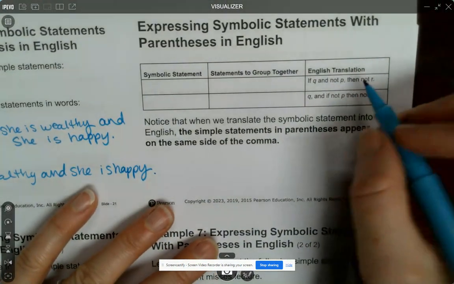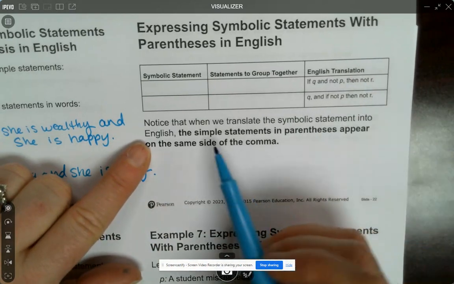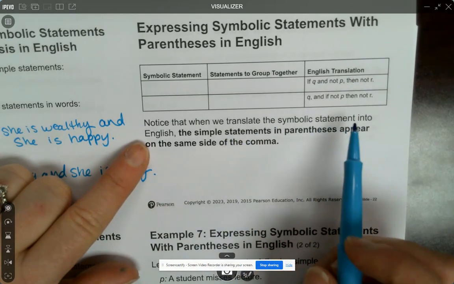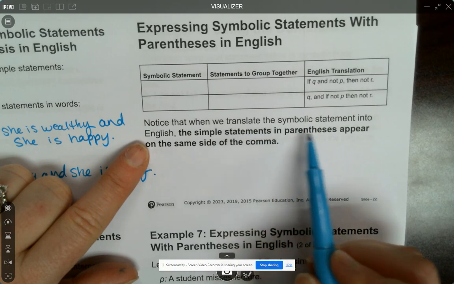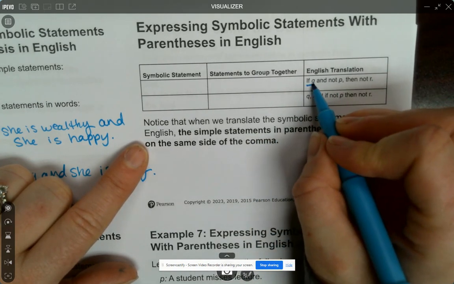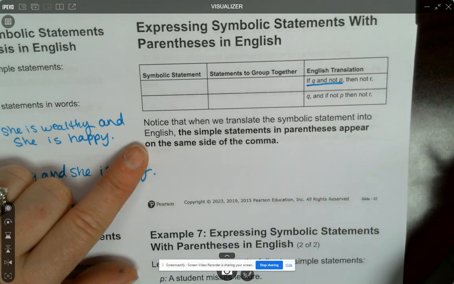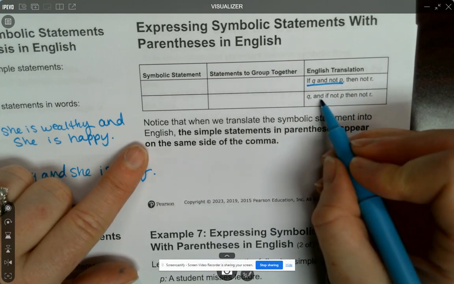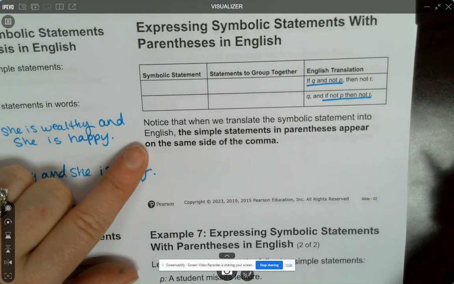Expressing in symbolic form. So what we're going to have to do is we're going to have to look at where the comma occurs. The simple statements in parentheses appear on the same side of the comma. So we're going to put this, and we're going to put that in parentheses. This other one, we're going to put this in parentheses.